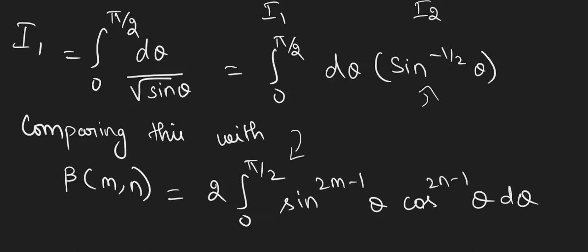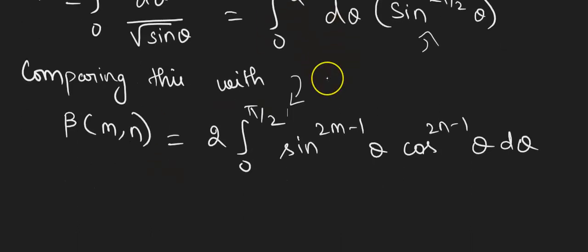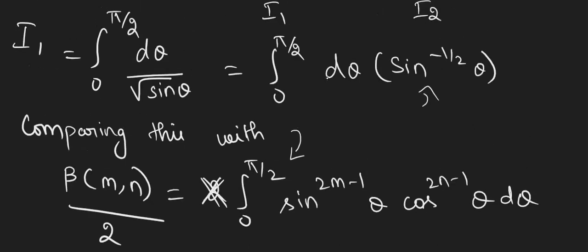So now the 2 is missing. I will take this 2 and push it down, so beta of m comma n by 2 is equal to integral 0 to pi by 2 sin power 2m minus 1 theta cos power 2n minus 1 theta d theta. Comparing, in the place of 2m minus 1, what I have is 1 by 2.